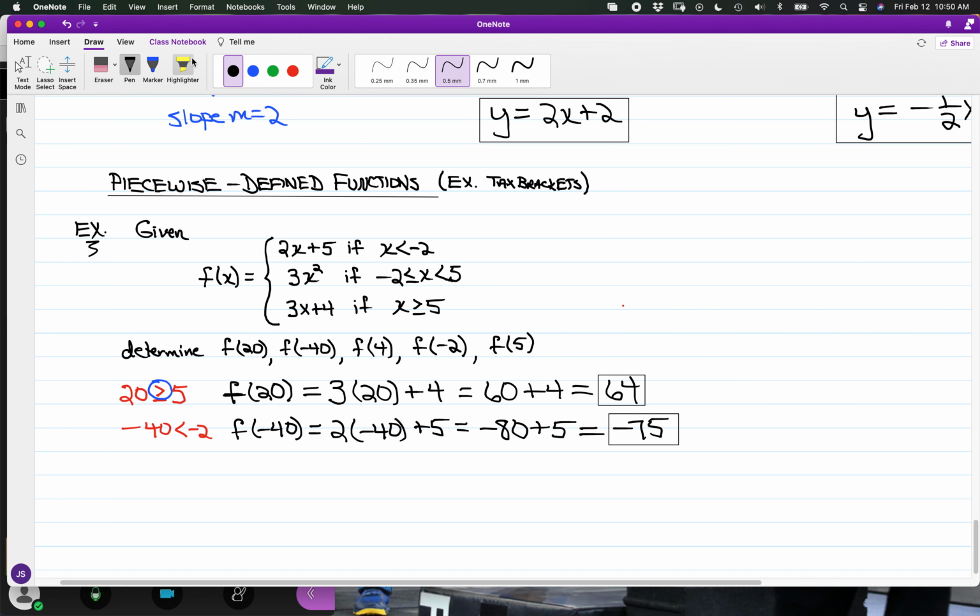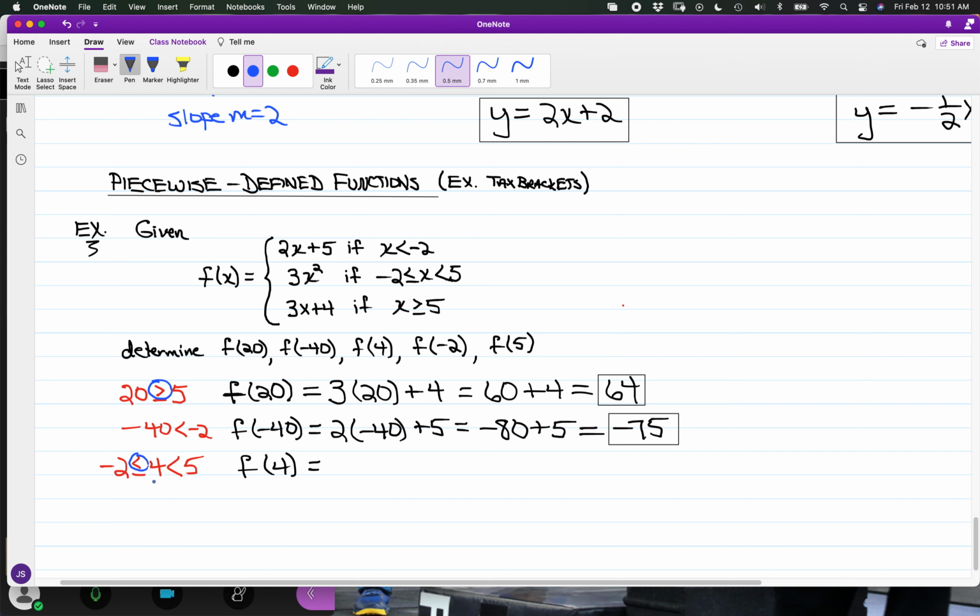In the case of f of 4, in terms of where 4 belongs among the x values, now 4 is not less than negative 2. Now, for the compound inequality, we do have that negative 2 is less than or equal to 4, in turn is less than 5. So the first half of the compound inequality, the negative 2 is less than or equal to portion, is true.